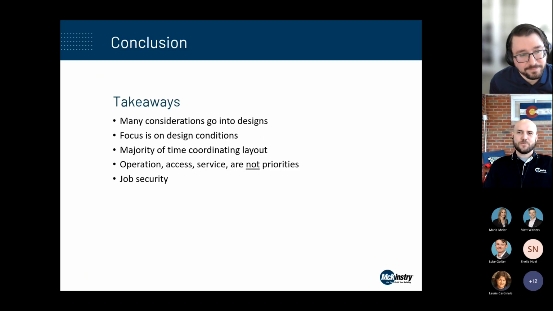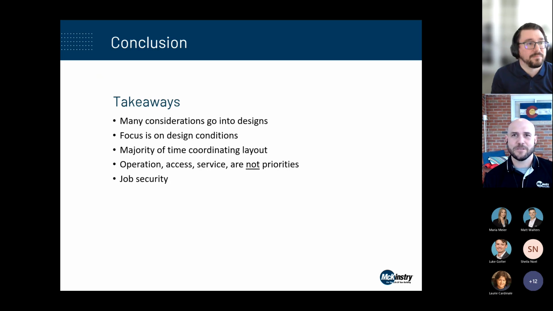So I just wanted to leave some takeaways. There's obviously a lot of considerations that go into any design. The focus is on design conditions at those extreme temperatures, less so on day-to-day operation at moderate conditions. Does it have enough capacity to cool when it's super hot, and enough capacity to heat when it's super cold?